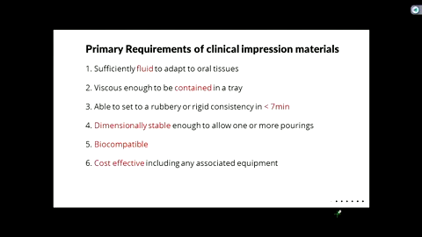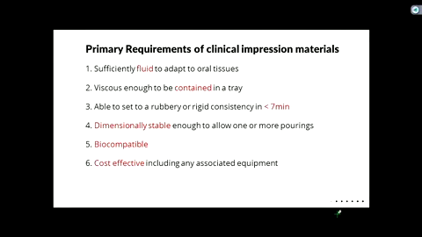After we remove it from the mouth and let it sit for a while, how much of that material is going to distort over time? The PVS material is very dimensionally stable over a long period of time. You can let it sit for weeks, even months, and your cast made from it will look very similar.